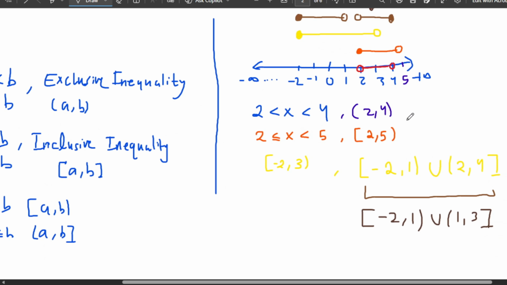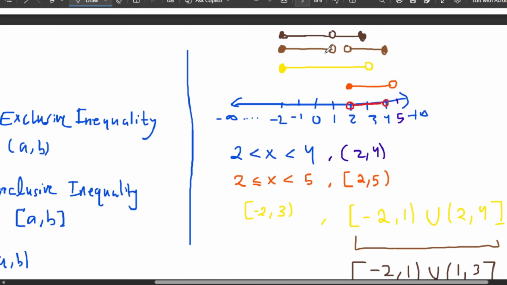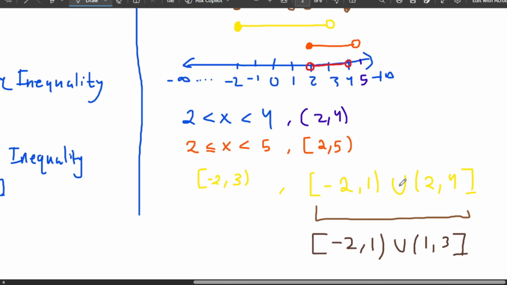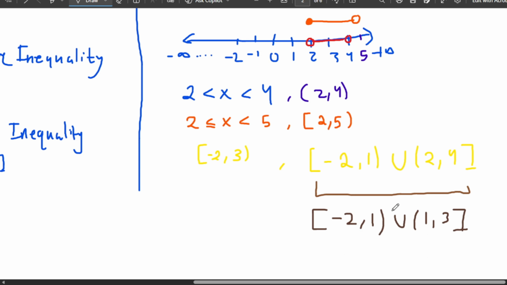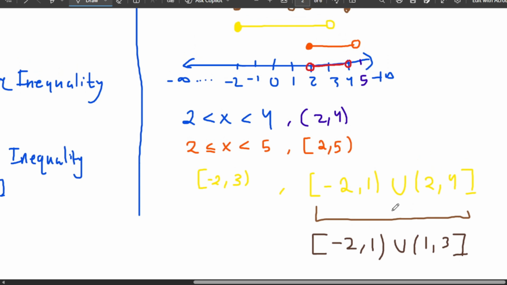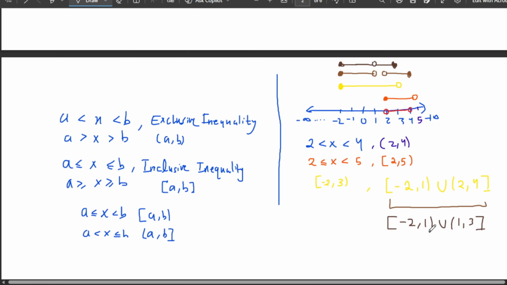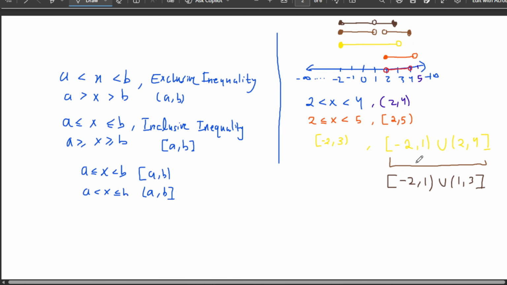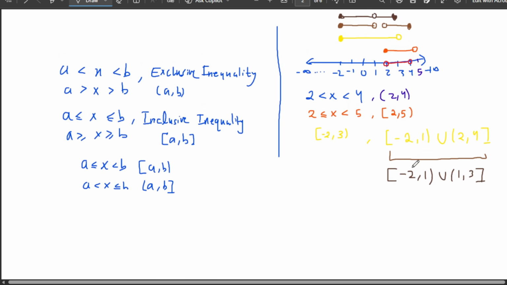But since it doesn't equal 1, the inequality has to have a split notation, which includes the union. Okay, so that's for the interval notation.